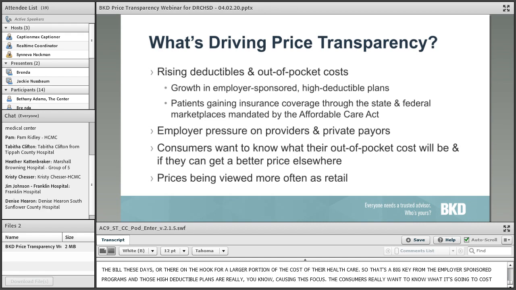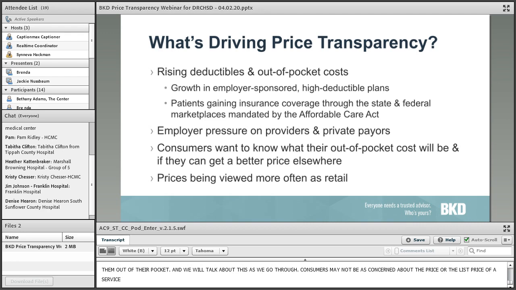Consumers want to know in the end what it's going to cost them out of their pocket. Consumers may not be as concerned about the list price of a service, but at the end of the day they want to know how much this is going to cost them out of their own pocket, and whether they can go somewhere else for that same service and potentially get a better price.